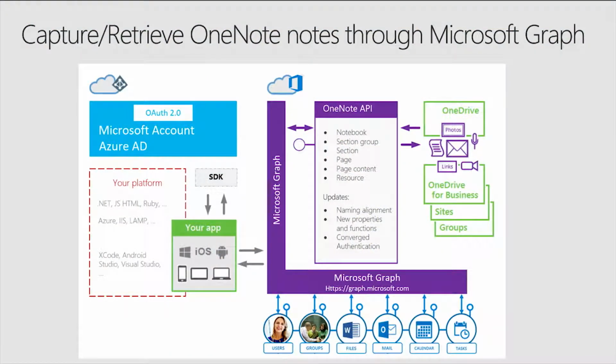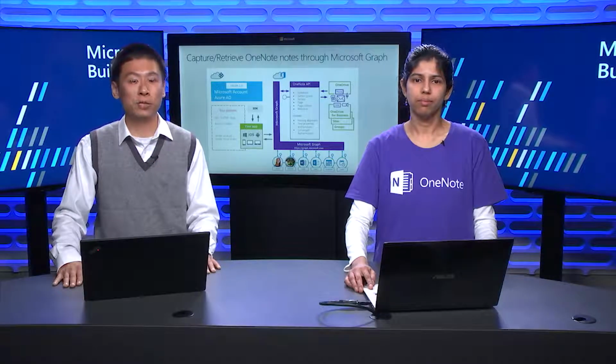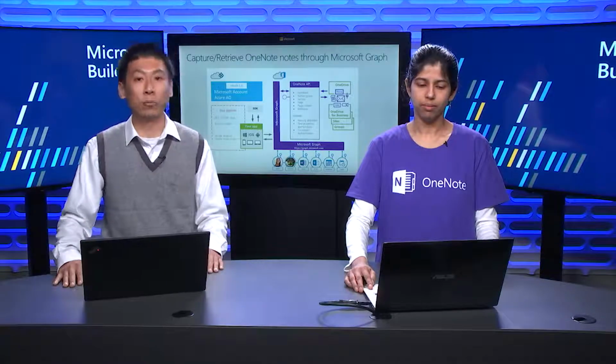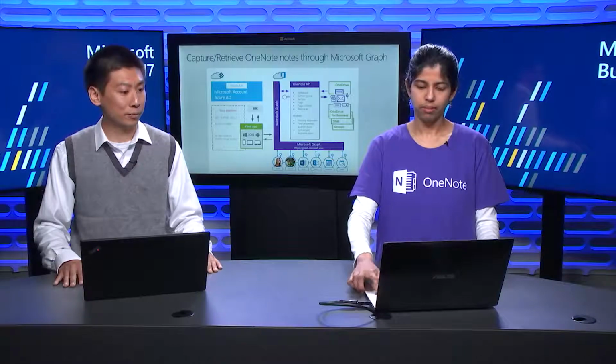It supports creating a notebook, traversing the notebook hierarchies, and retrieving and capturing content and notes to a OneNote page, no matter where the notebook is stored. It could be on OneDrive or OneDrive for Business. We already have a set of APIs in beta, so if your application is already using those APIs, we'd highly encourage you to migrate to the V1 version of it and use them from the Microsoft Graph.